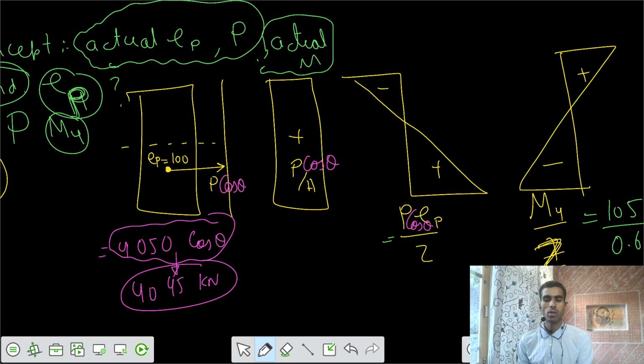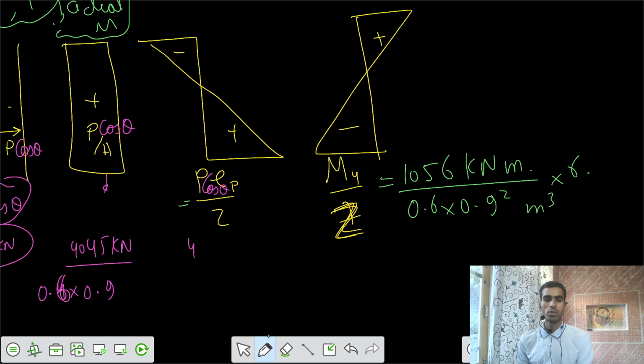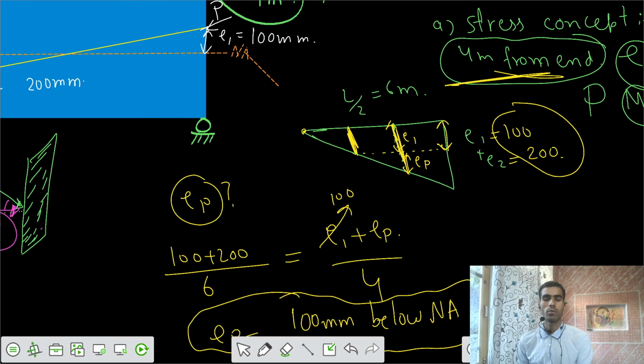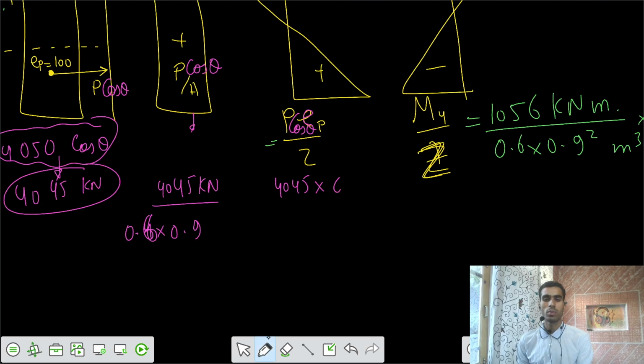Now P cos theta by A would be 4045 kilonewton divided by the cross-section area, 0.4 into 0.6 into 0.9. The second term is 4045 times the eccentricity e_p, which we calculated at that 4 meter section, 100 millimeters below the neutral axis, so 0.1 meters, divided by BD square by 6.